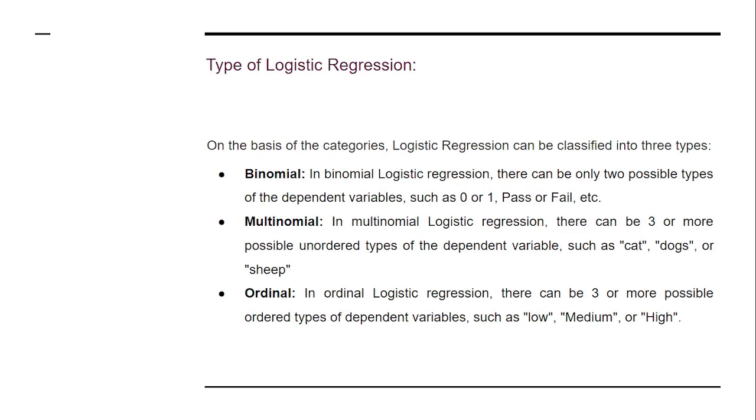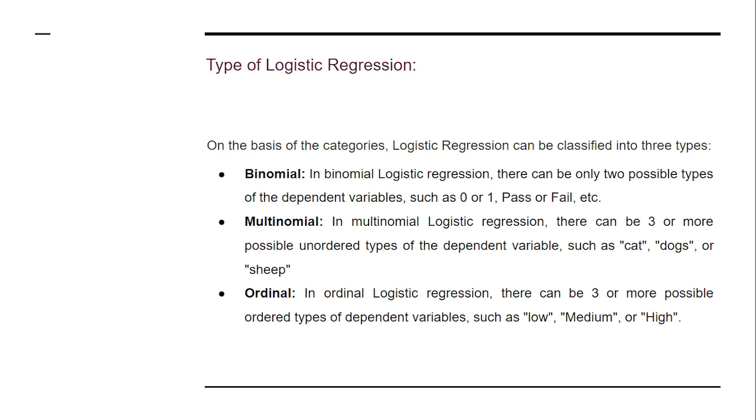Then we have a number of different types of logistic regression. On the basis of categories, logistic regression can be classified into three types. One is binomial logistic regression, second is multinomial logistic regression, and third is ordinal. In binomial, the dependent variable is 0 or 1, like pass or fail.